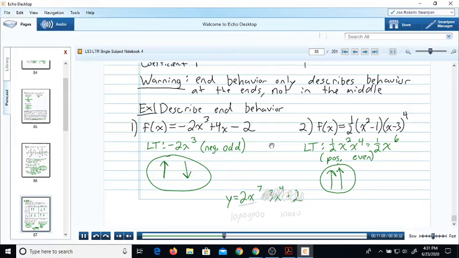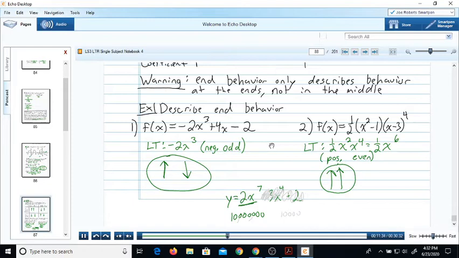But as x gets larger and larger and larger, then this term is going to really pull ahead of the others. Right? 10 to the 7th is a much bigger number than, say, 10 to the 4th. Same thing with 100 to the 7th. If you take 10 to the 7th, that's going to be 7 zeros. 5, 6, 7.